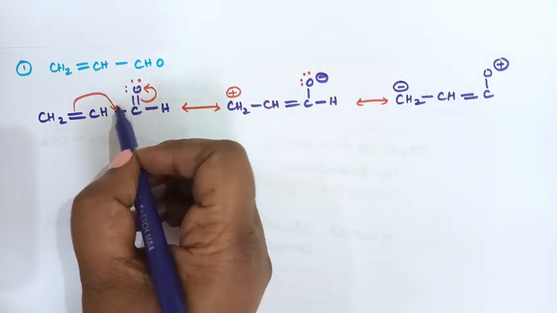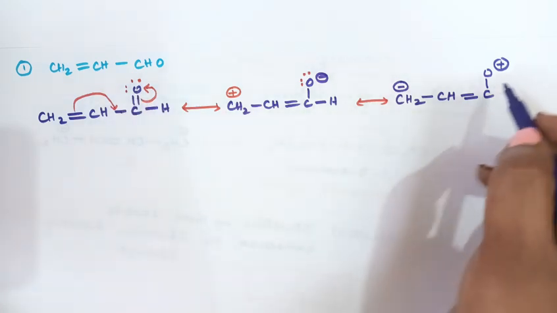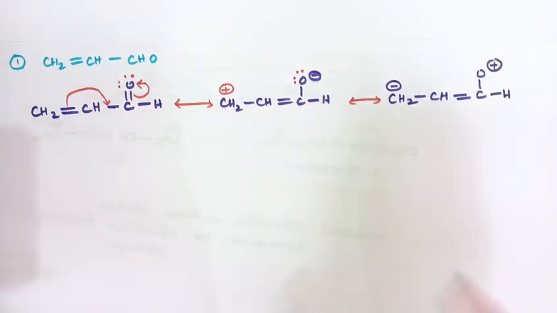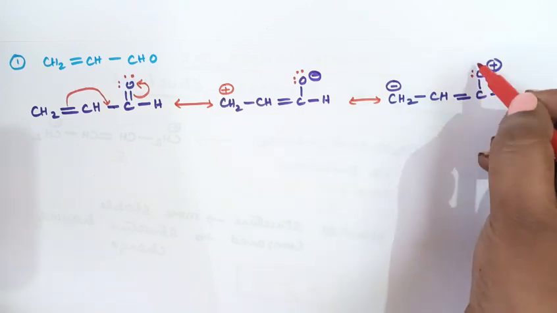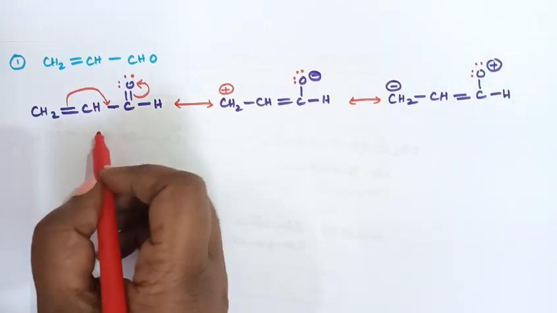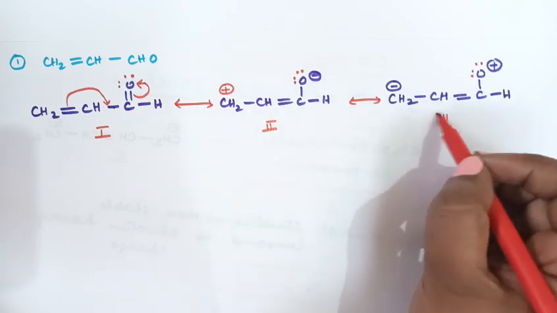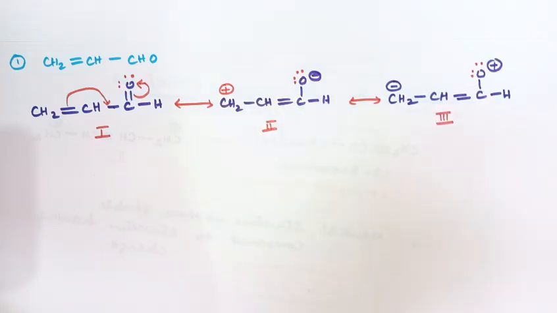When this bond shifts, oxygen gets a positive sign and then hydrogen. So these two lone pairs of electrons. So this is structure 1, this is 2 and this is 3. So there are three structures. We have to find which is more stable.